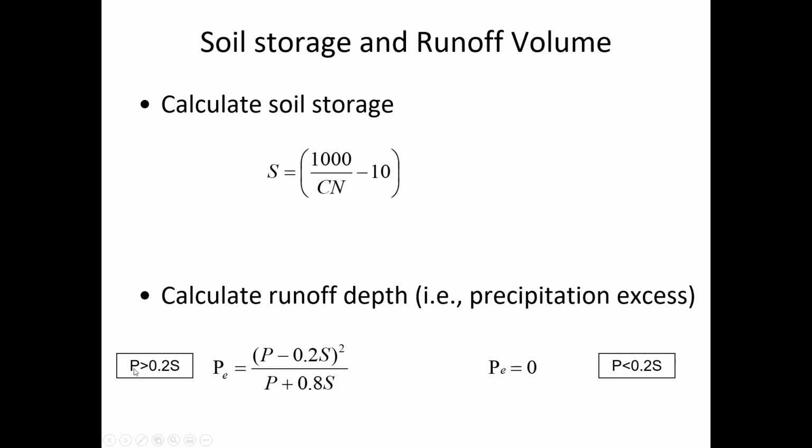So if P, the precipitation depth, is greater than 0.2 S, remember 0.2 S is the initial abstraction, this is just saying if you have a big enough storm that you wet the surface, you satisfy all of the interception effects, and now there's going to be more precipitation beyond the initial abstraction, then this is how you can calculate the precipitation excess. But if you don't have the initial abstraction satisfied, then there won't be any runoff.